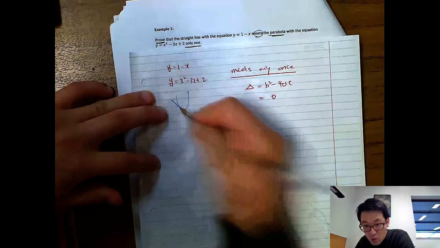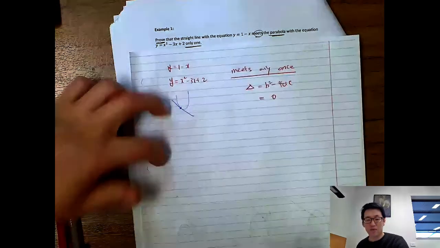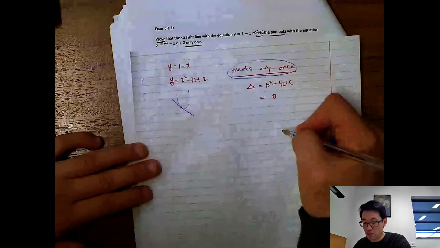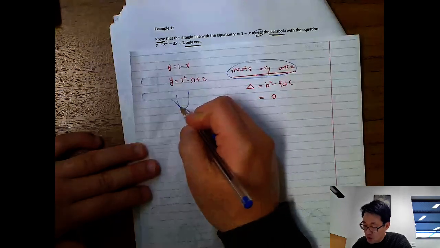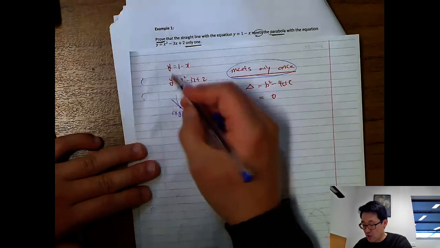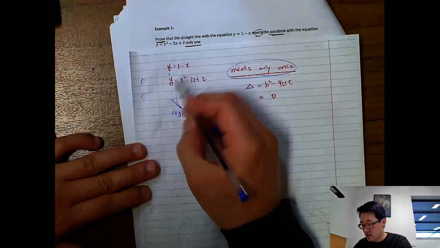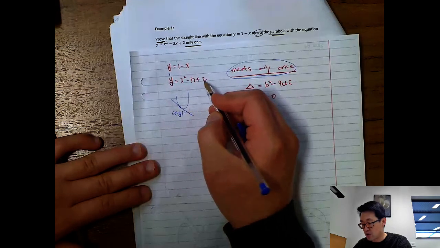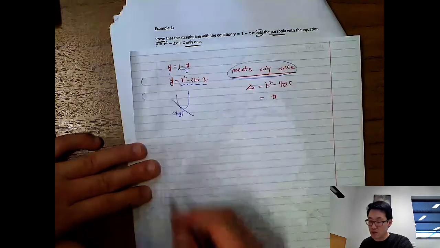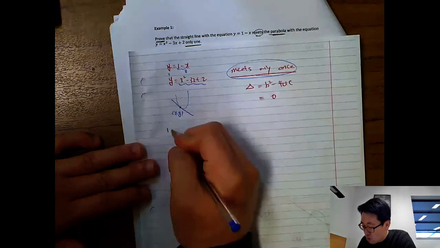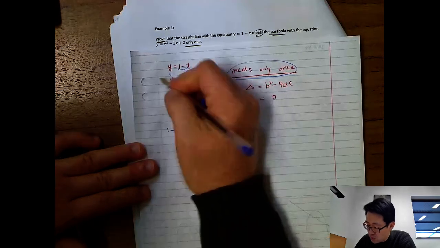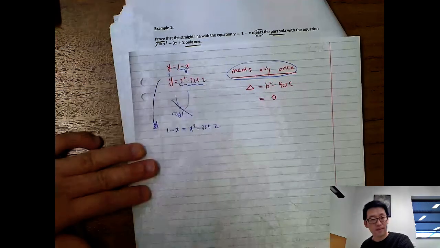At one point, these two graphs will meet together. That's what they say, isn't it? Meet only once. Which means at that point, they're going to have the same x and y value, which means y is 1 minus x and y is x squared minus 3x plus 2. Therefore, they are the same too. Always the same, always simultaneous equation. 1 minus x equals x squared minus 3x plus 2. That's the first thing you need to do.